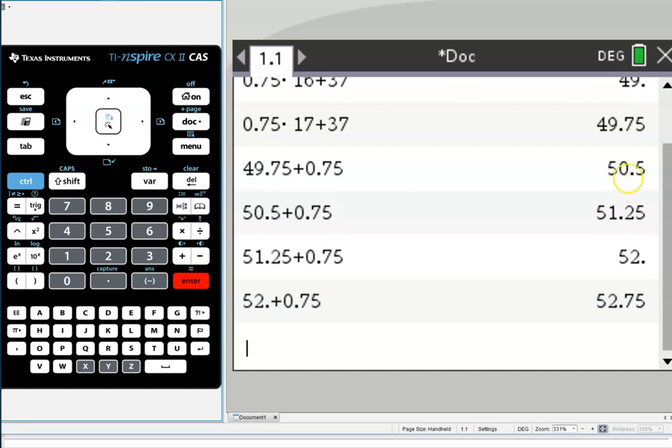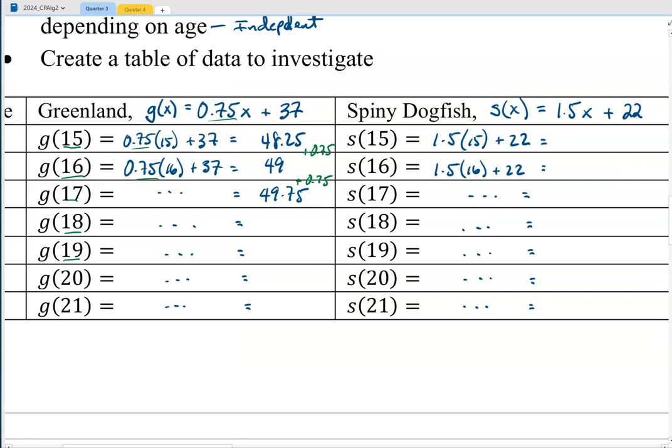So we've got 50.5 and so on. So that adding of 0.75 between each line continued, and these are results that I've got for the remaining years in this particular table. Okay, so we know how large the Greenland shark will be at 15 years, 16 years, 17 years, and so on.